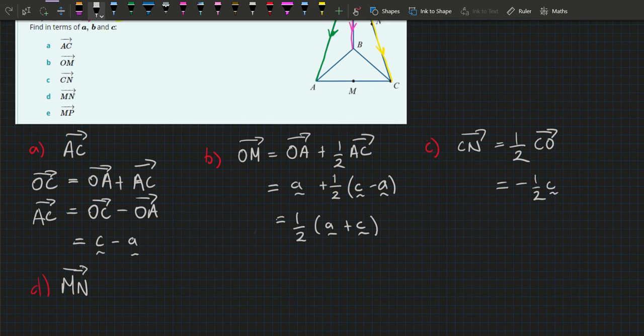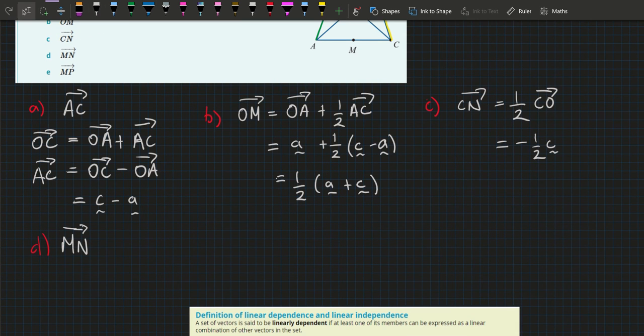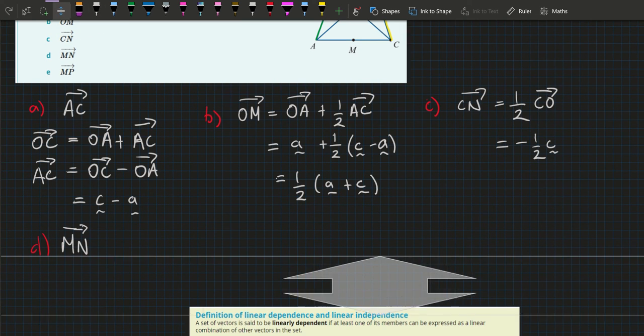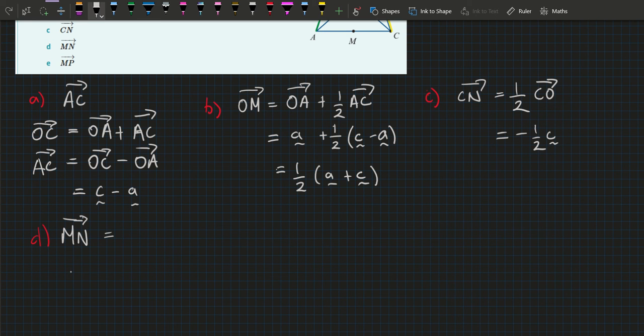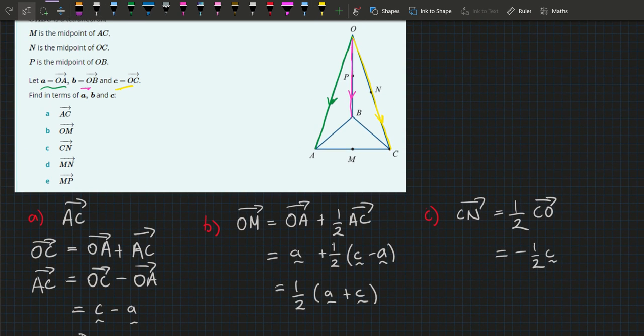M to N equals, okay, so we can go from O to M. No, let's go from M to C and C to N. So it's equal to M to C plus C to N. I don't know if I've got the components built up for that. There's another way of doing this.